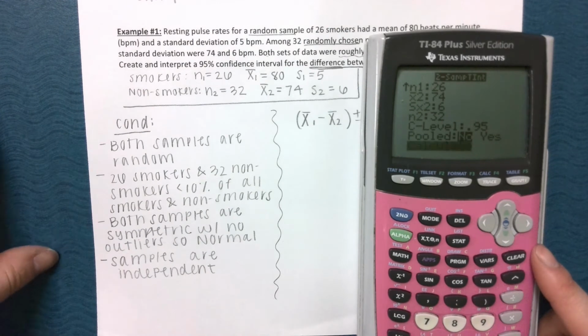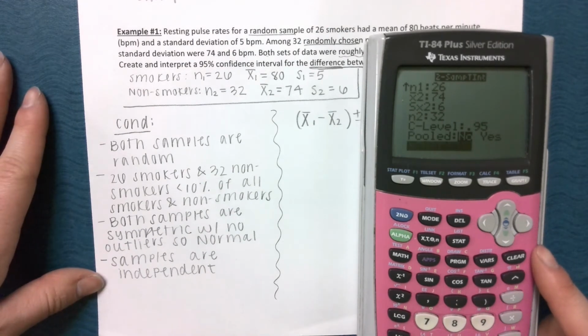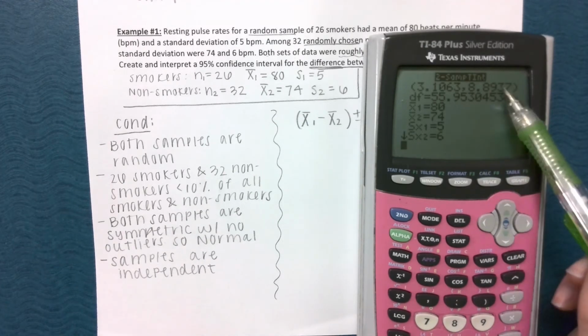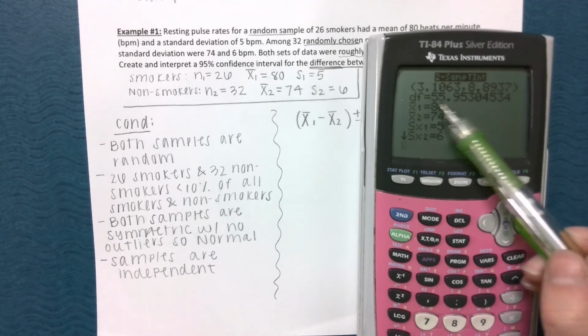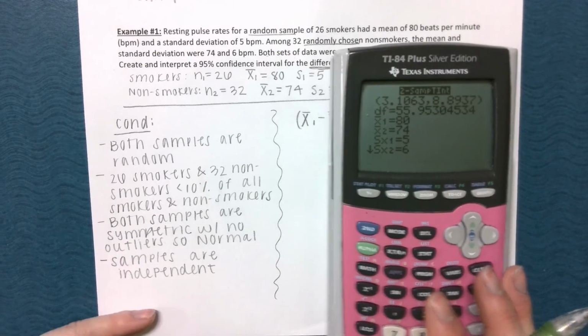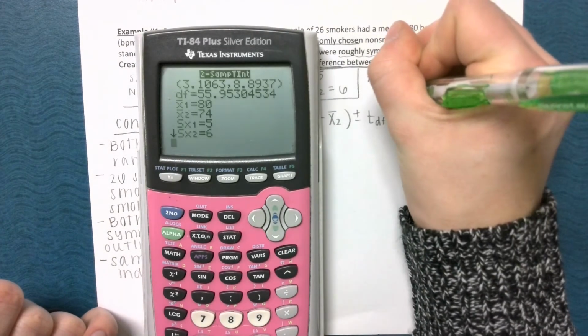We'll never, ever pool in AP Stats. Okay, I'm going to hit calculate. And it gives me my interval, which is nice, so I'll be able to use that to kind of check my work here. But it also gives me degrees of freedom. It's giving me 55.95.